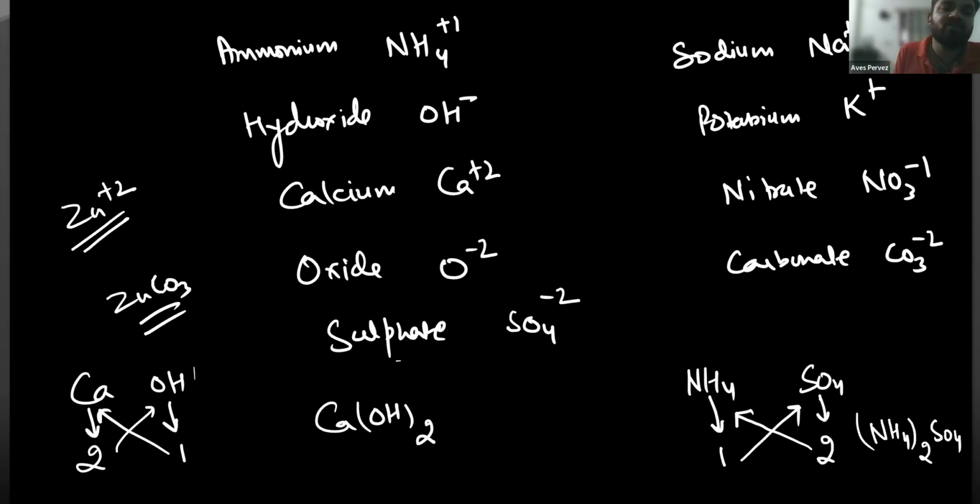For example, if I ask you to write the formula of sodium zincate. Sodium is Na with 1 positive, and zincate is ZnO2, which has a valency of -2. Like we have the carbonate ion CO3, zincate is ZnO2.